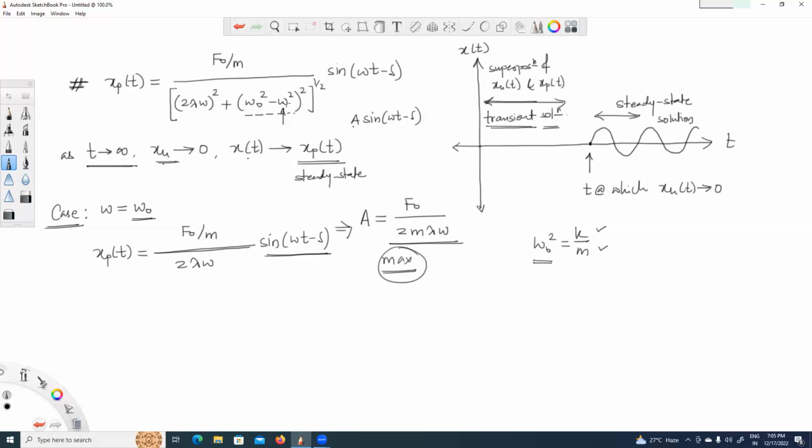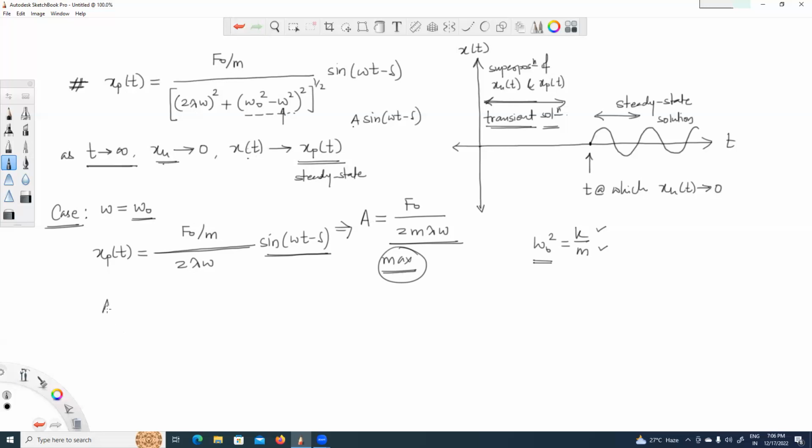Remember this thing. If I take omega other than omega naught, this term will contribute. If this term contributes, my denominator increases. If my denominator increases, this amplitude will decrease. So for the denominator to be minimum, omega has to be equal to omega naught, which we considered here. In such a case, the denominator being minimum, this amplitude will be maximum.